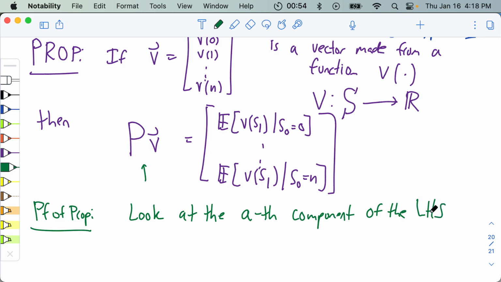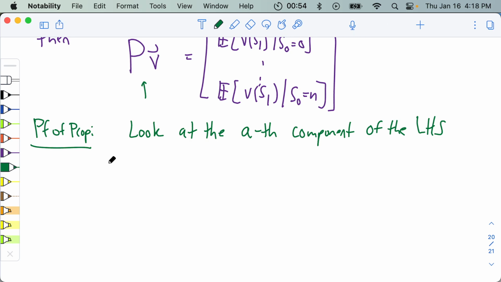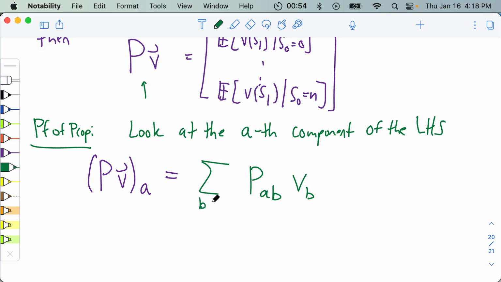The a-th component of the left-hand side is a matrix-vector product, so we want to know the a-th answer, (Pv)_a. Well, that is equal to the sum of P_ab times v_b, where b is going from 0 to n, summing over the states in our Markov chain. And these are probabilities.